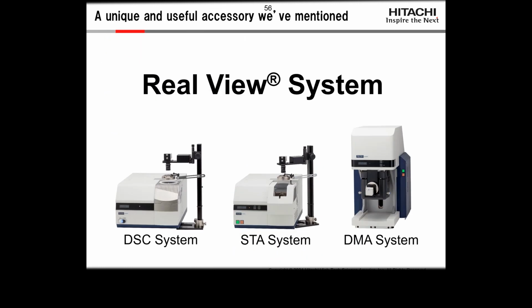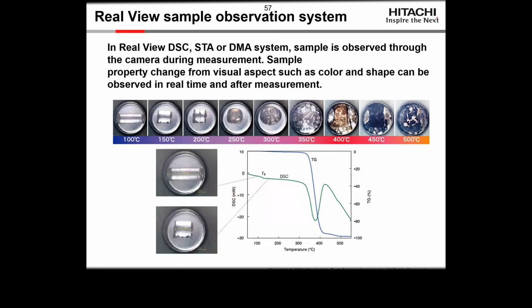Now, a couple of times I've talked about the RealView system. The RealView is an accessory that can be added to our instruments that allows you to monitor the sample in real time. If we take a look at a sample in the STA, we can actually look at how the material changes as we go up in temperature.